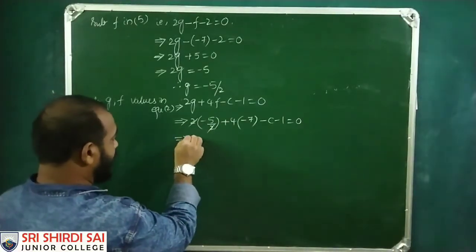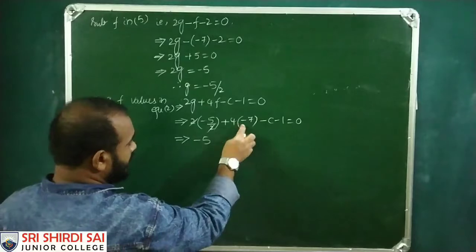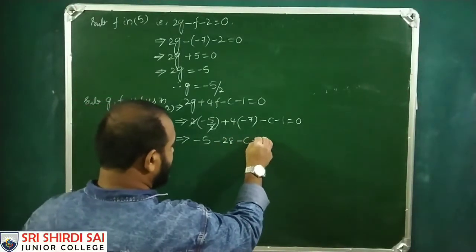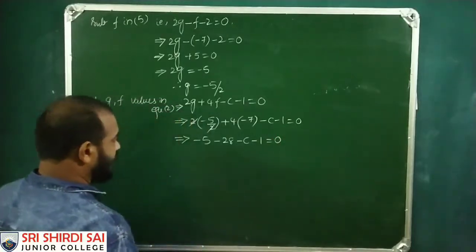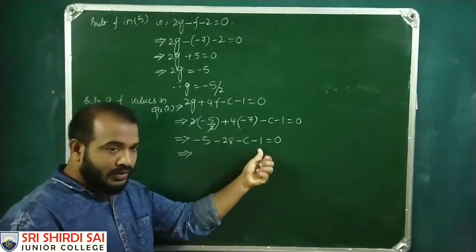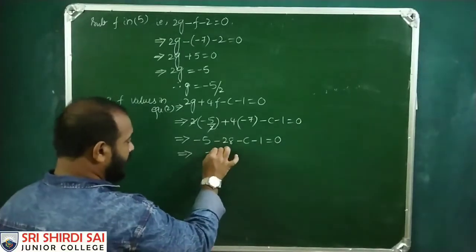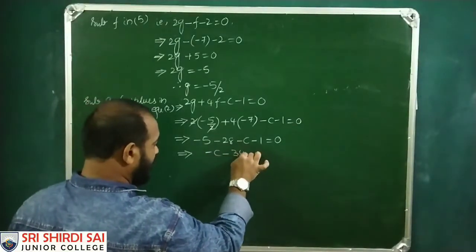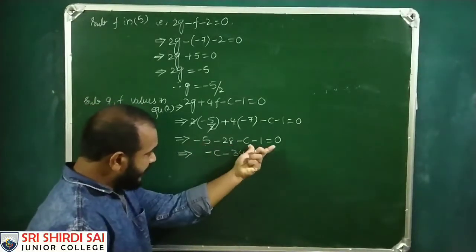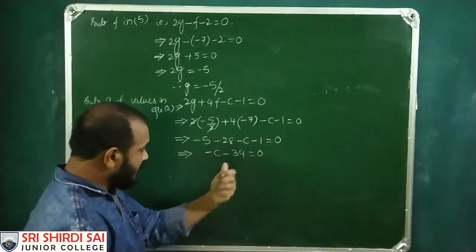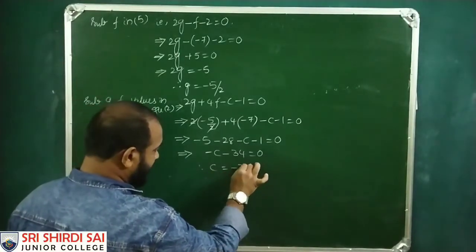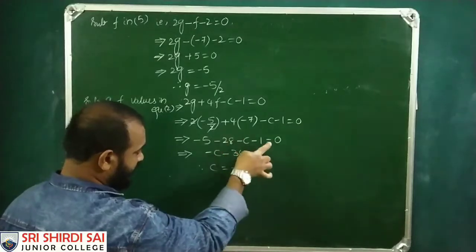So minus 5 minus 28 minus c minus 1 equals 0. This implies minus 33 minus 1 is minus 34 minus c equals 0. Therefore, c is equal to minus 34.